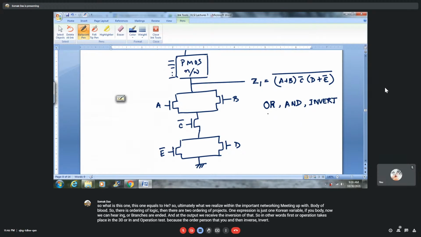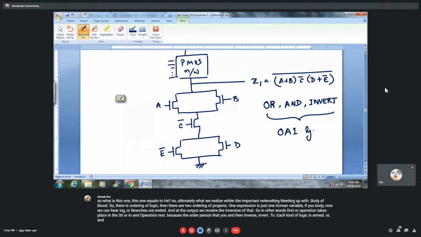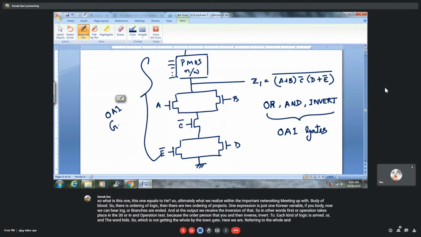So this kind of logic gate is termed an OR-AND-invert gate. Which is the logic gate? The logic gate is the whole circuit. By the term gate, here we are referring to the whole circuit. So this is an OR-AND-invert gate.